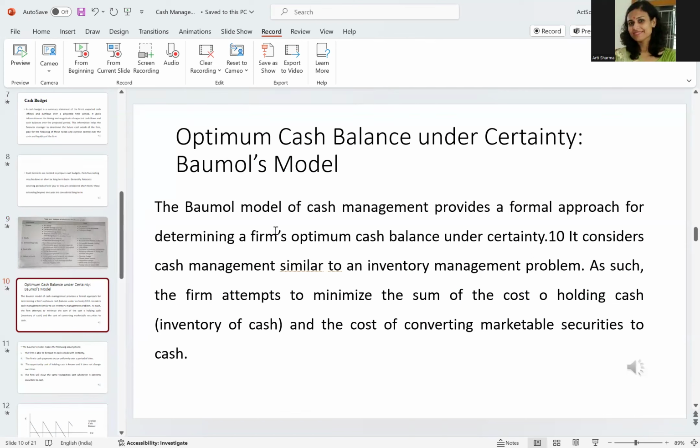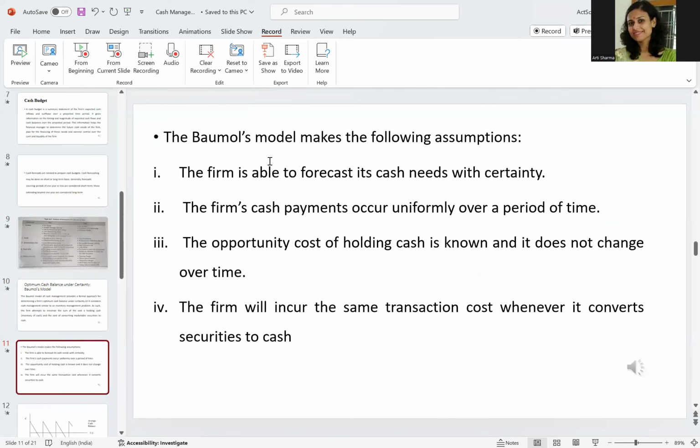Now just like the inventory management EOQ model, there are also some models or theories related to the maintenance of optimum cash balance. First is the Baumol's model, which is used in the condition of certainty. So according to the Baumol model, there are some assumptions.